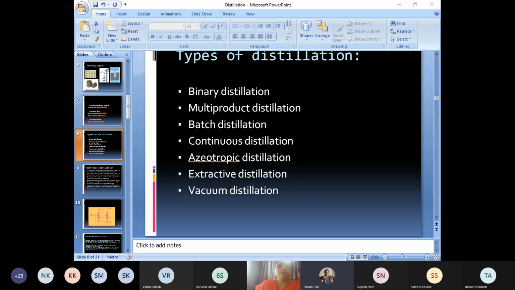Maybe one tower is not sufficient, so there are a number of towers in series. In the first tower you are getting just two products, a top product and a bottom product, but your top product is a mixture of A, B, C, and the bottom product is a mixture of C, D and E. Again in the next column it is added, so you will get separate A, B, but not C, like this.